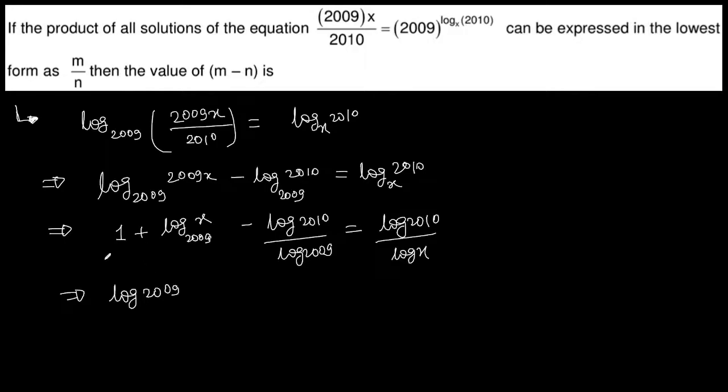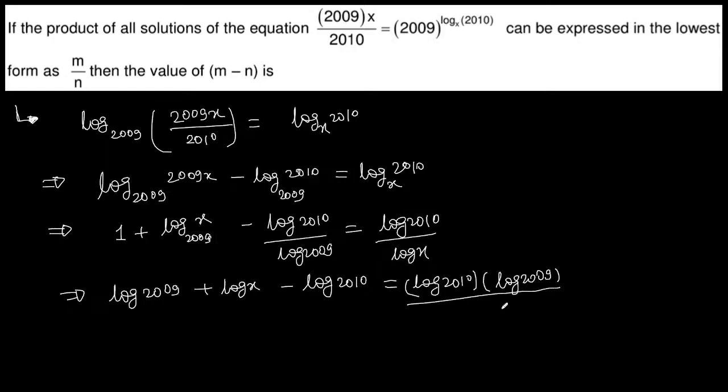If we multiply log 2009 on all sides, it is nothing but log x minus log 2010. We are multiplying log 2009 on all the sides, isn't it? Log 2010, log 2009 base log x. Multiply log x on all the sides.